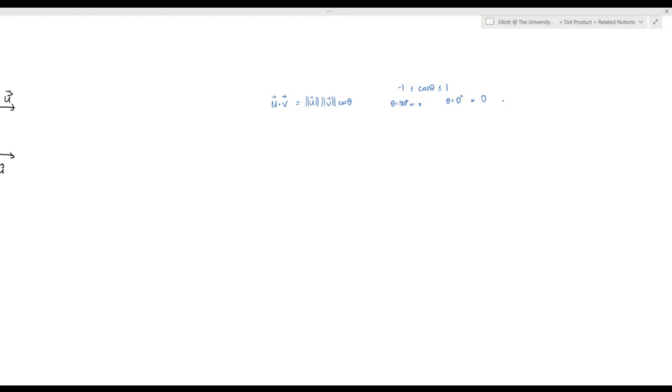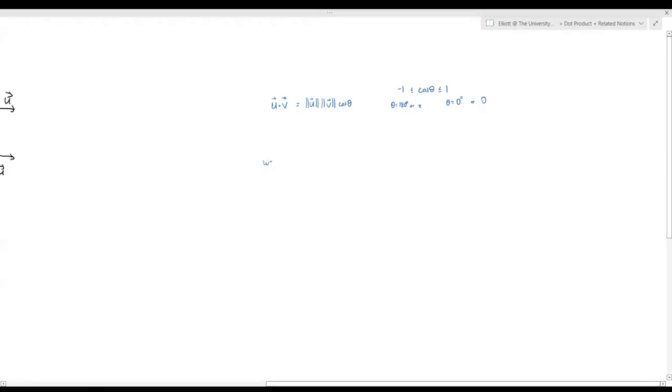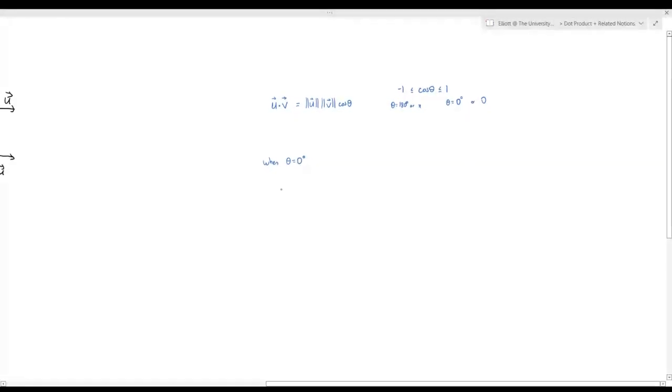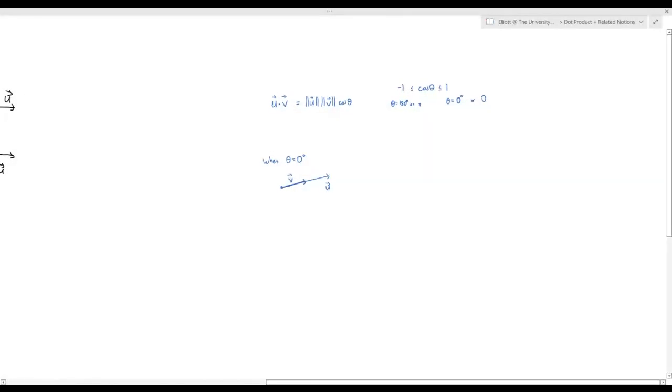So when theta is equal to 0, that would be when the two vectors are collinear, because in this situation, the angle between them is 0. I guess they usually do radians in math, so I should leave it in radians.